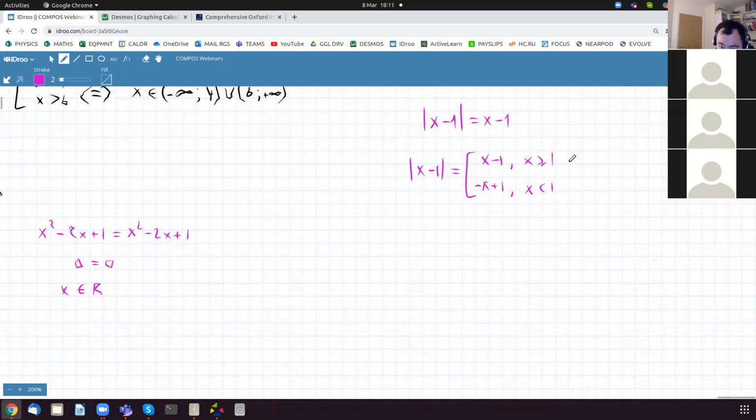So assuming x is greater or equal to 1, then the equation becomes x minus 1 equals x minus 1. If you have this case, then the modulus becomes the opposite. So it's minus x plus 1 equals x minus 1. Does that clear things up?